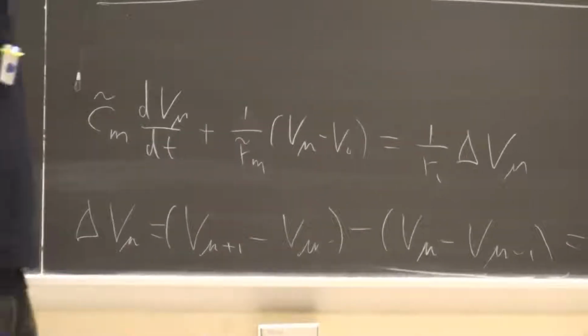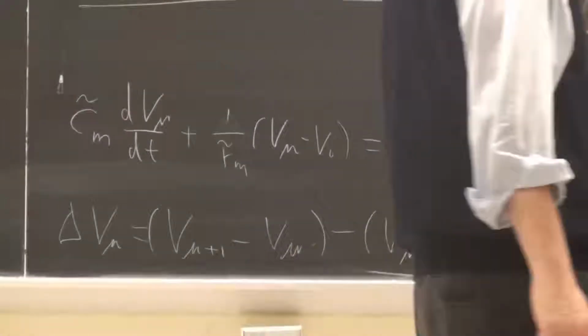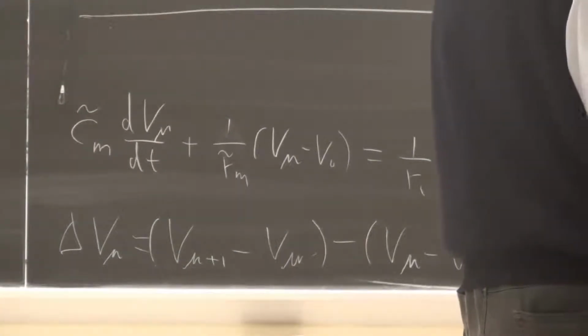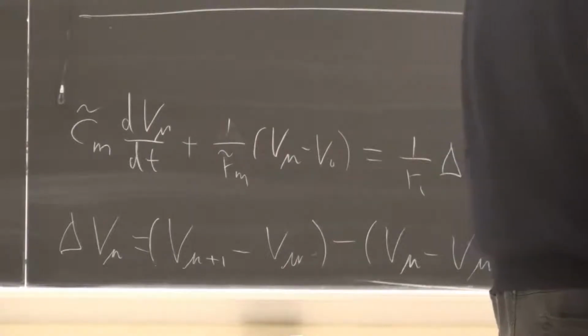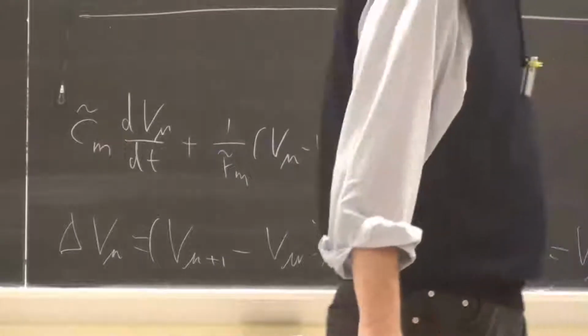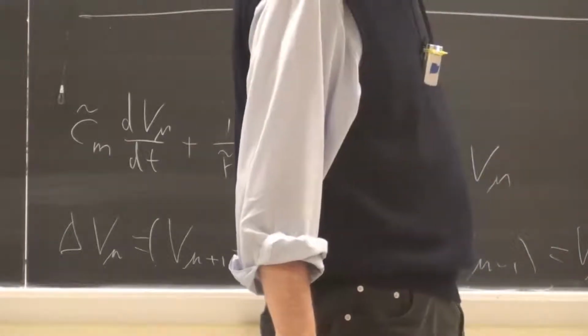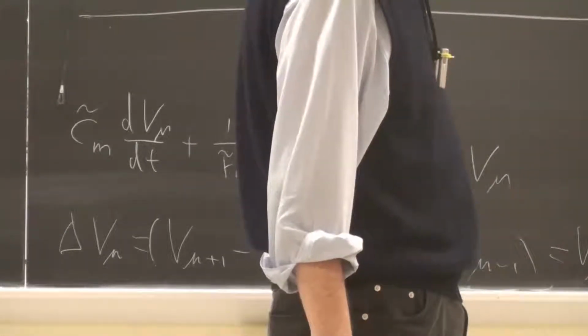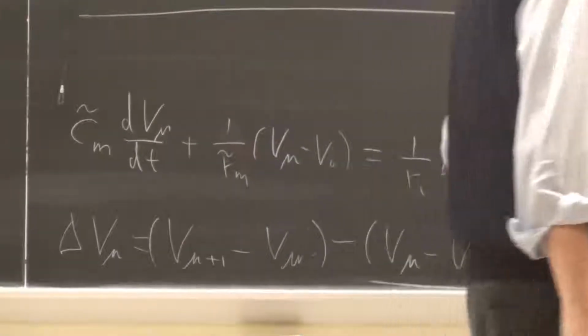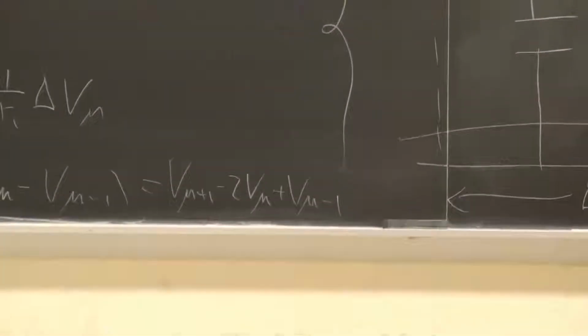Now I want to get this into some kind of differential equation, and I would like to go with delta x small. So I need to know how all my quantities change with delta x. And so here I put my quantities.